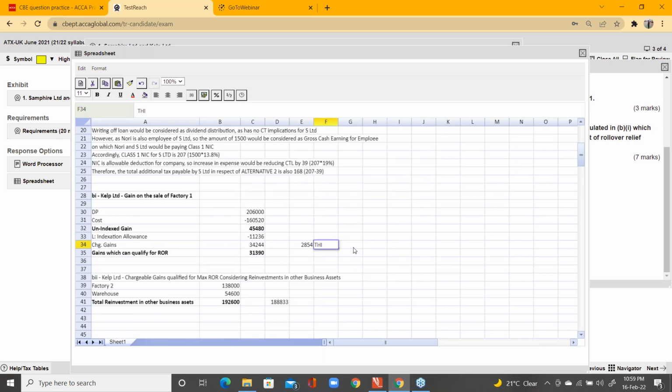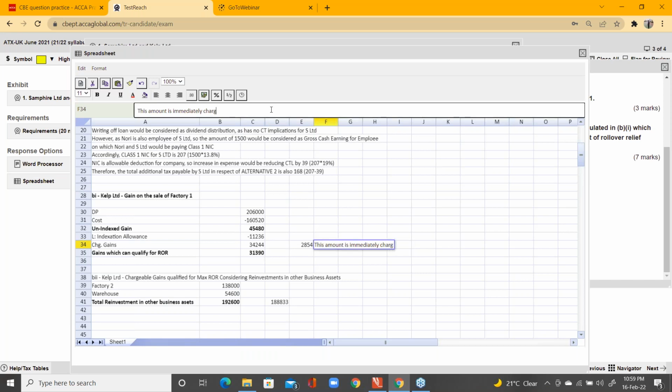This amount is immediately chargeable under capital gains.